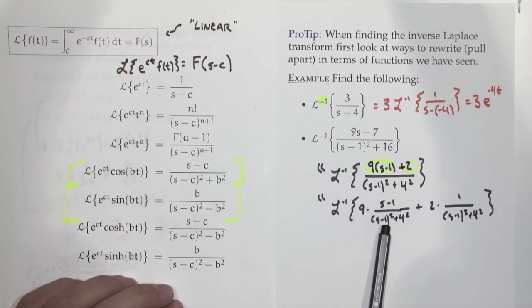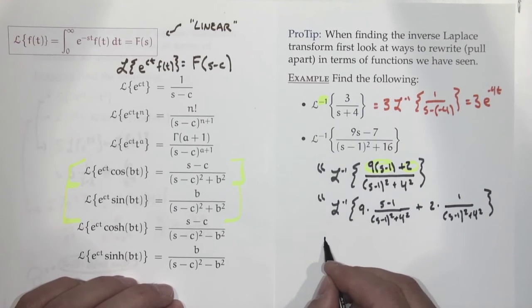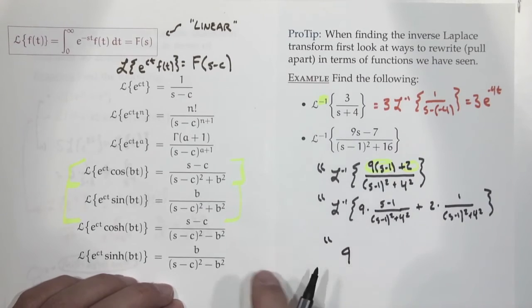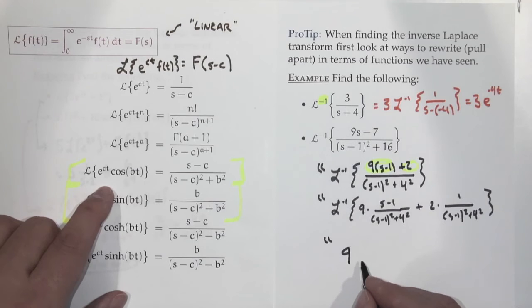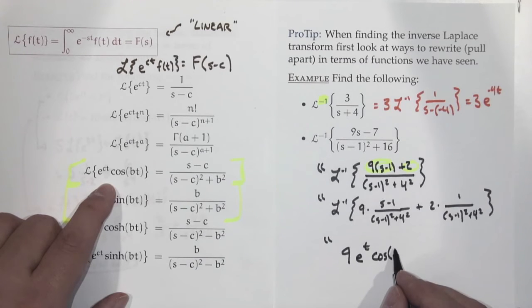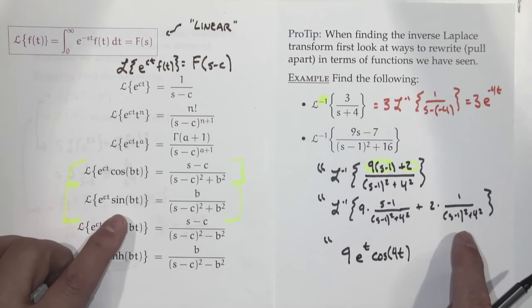Does this one fit our mold now? It does. According to our mold, what does this become? E to the t cosine of 4t.